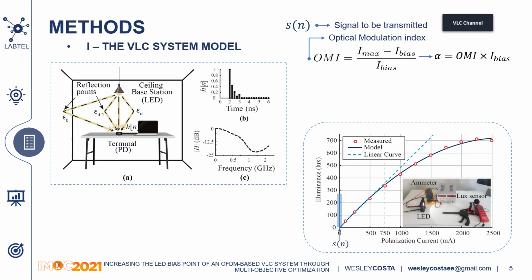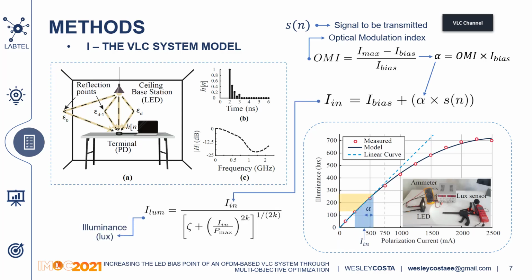The signal to be transmitted needs to be amplified and, of course, guarantee the optical modulation index. So for that, we can multiply the signal by an alpha gain and then add a bias current to transmit the signal to the LED.